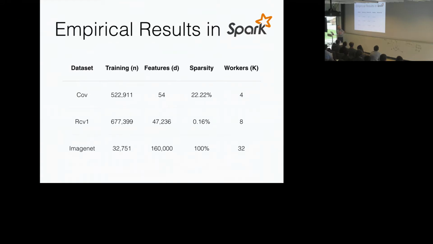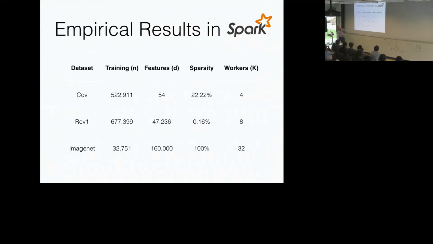So let me finish this part of the talk by turning to empirical results. These are relatively impressive. I think it's what convinced people to pursue this. So here are three particular data sets: ImageNet, RCV1, and COVTYPE. You can see the number of training data points, number of features, and sparsity levels.